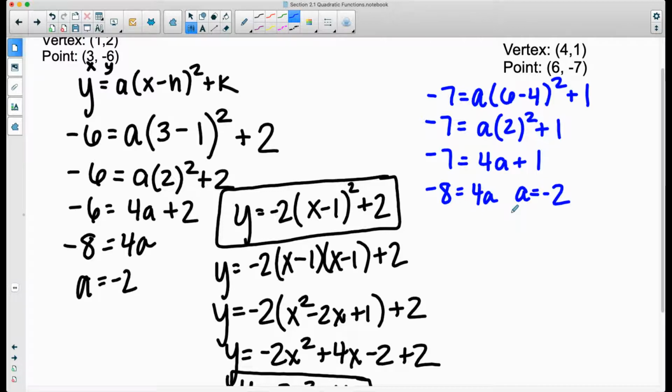This one also ends up being -2 for our a value. So we get y equals -2 times x minus 4 squared, plus 1.